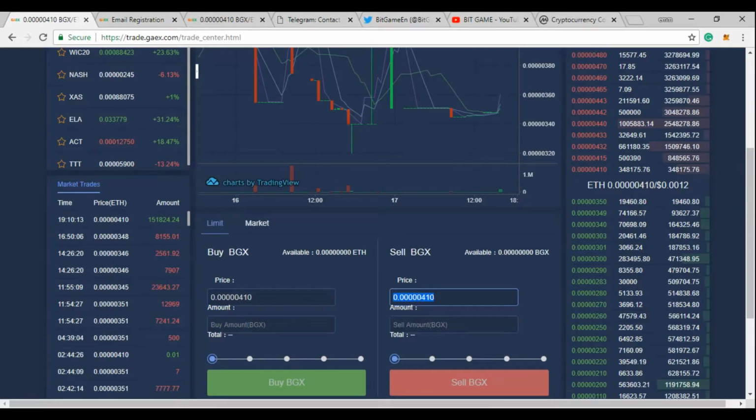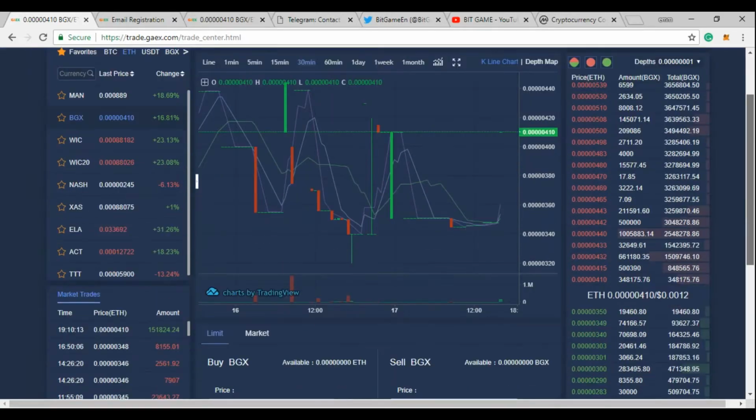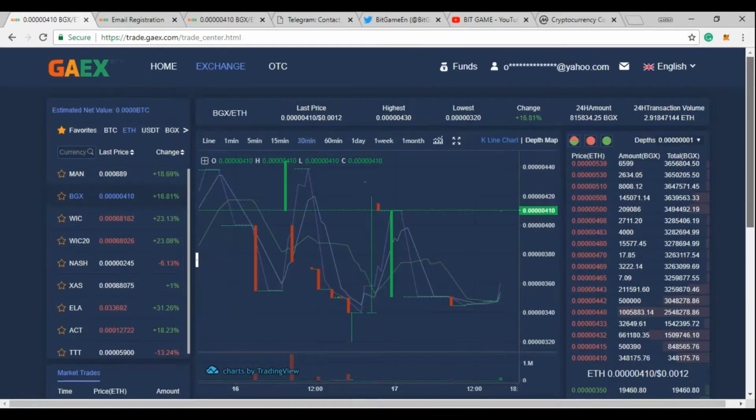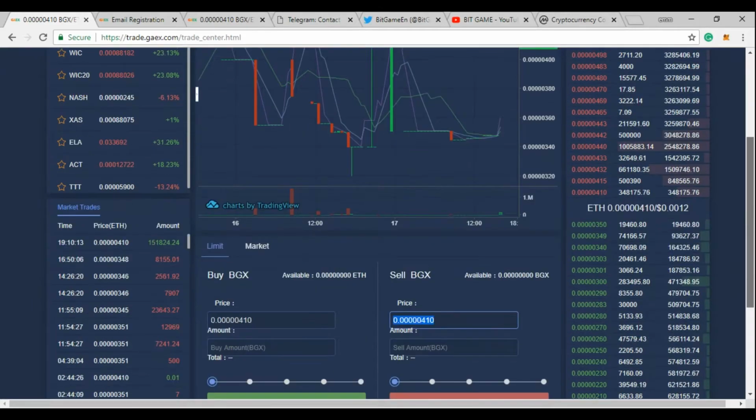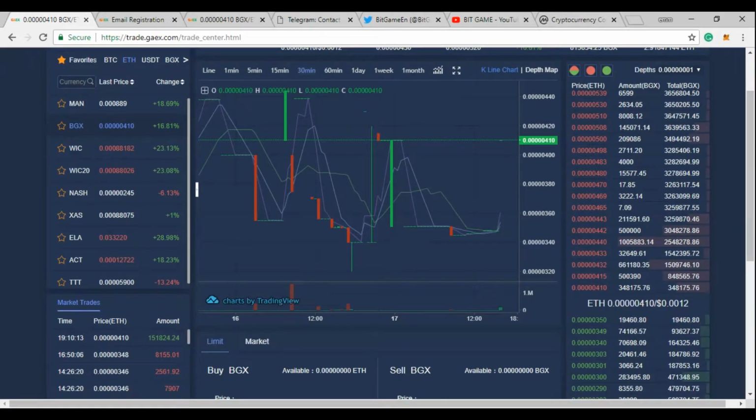So now if you want to trade, let's just imagine you want to trade BGS. Of course, since you are trading on Ethereum, you need to have some Ethereum with you. Then you can choose here. If you want to buy directly, these are amounts people are ready to sell: 410, 415, 430 is going up, and this is the amount someone is ready to buy for this amount. So there are two options.